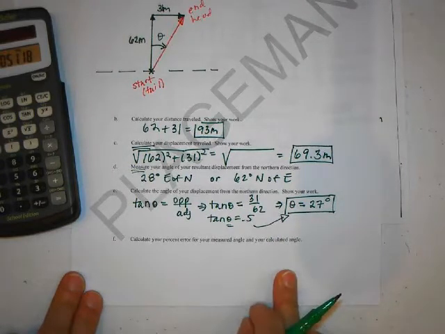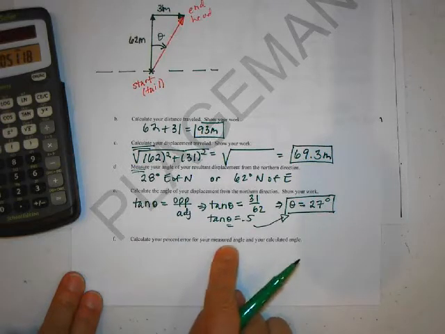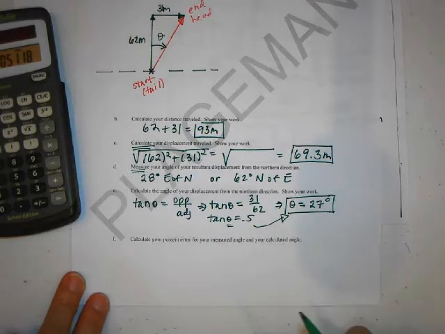And then you're going to calculate your percent error for your measured angle and your calculated angle.